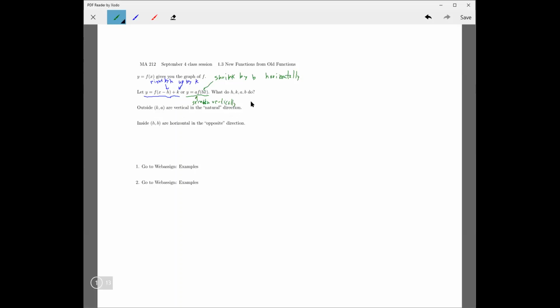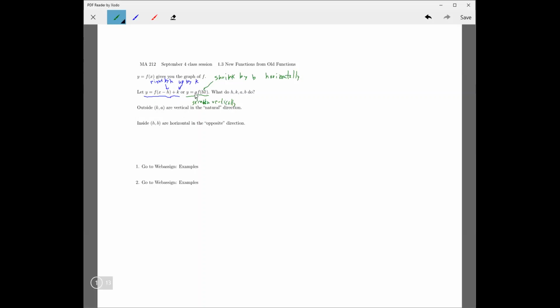Now, in general, the way that I think about this is if it's outside, like for example, the k and the a, those are outside these parentheses here, then they're vertical and they're in the natural direction. So if k is positive, then it's going to shift it up. K negative is down.